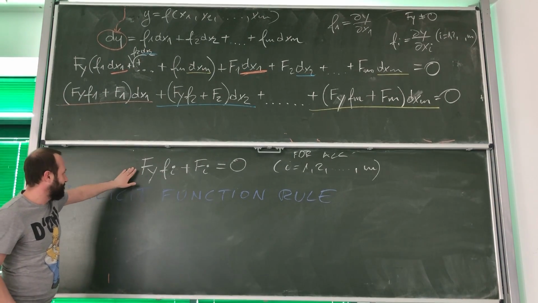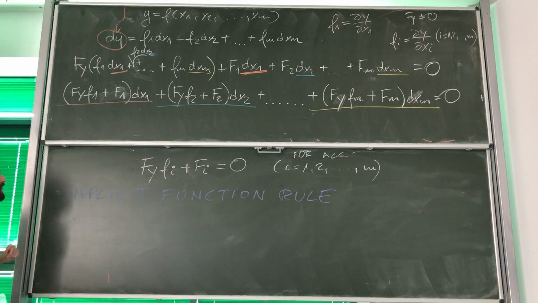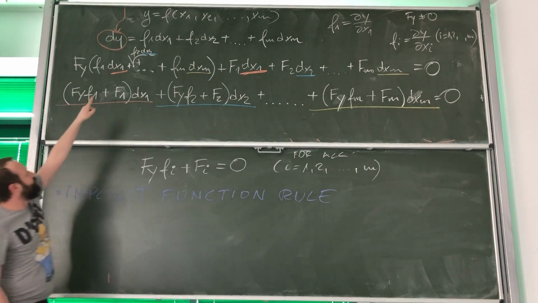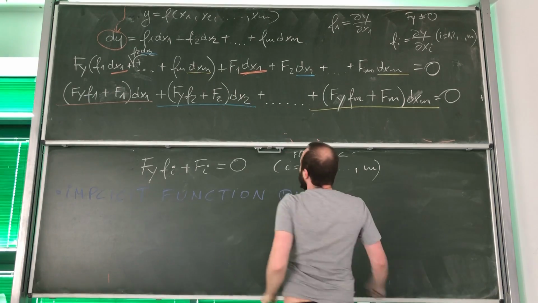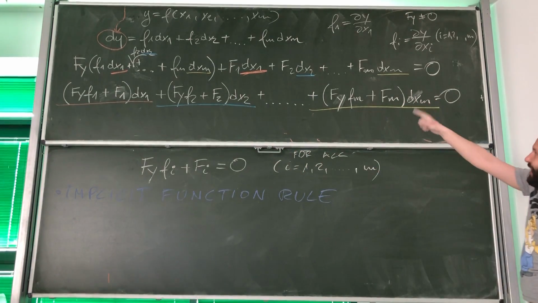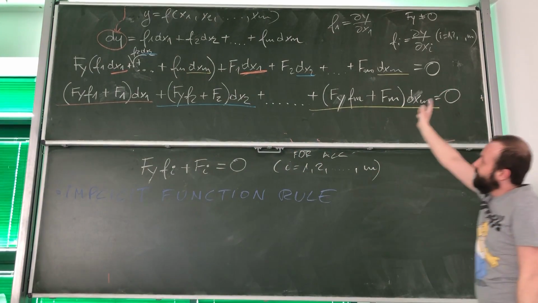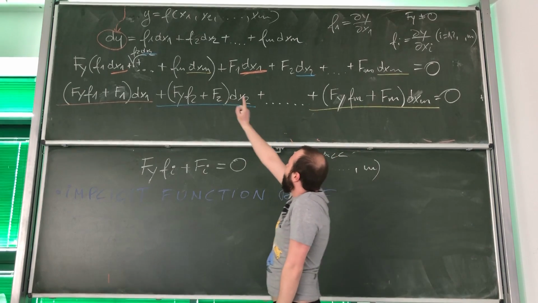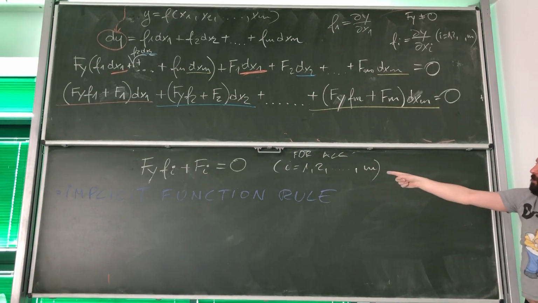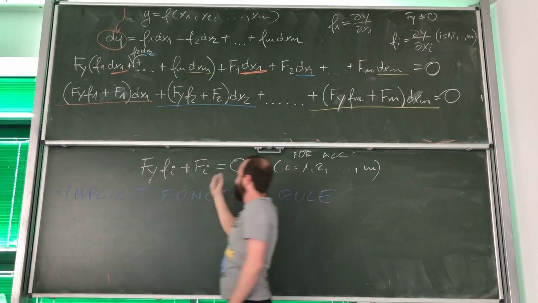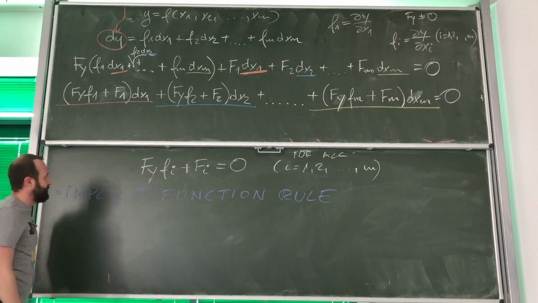How do we go about it? Look, we start from this. And remember, what we are interested in are derivatives of the implicit function. So y is a function of x1, x2 until xn, right? So we want to know what is f1, f2 until fn. We can easily calculate it out of this.